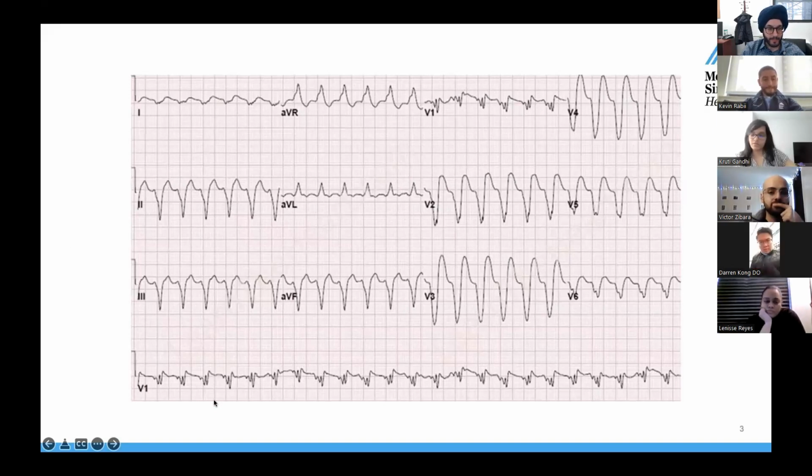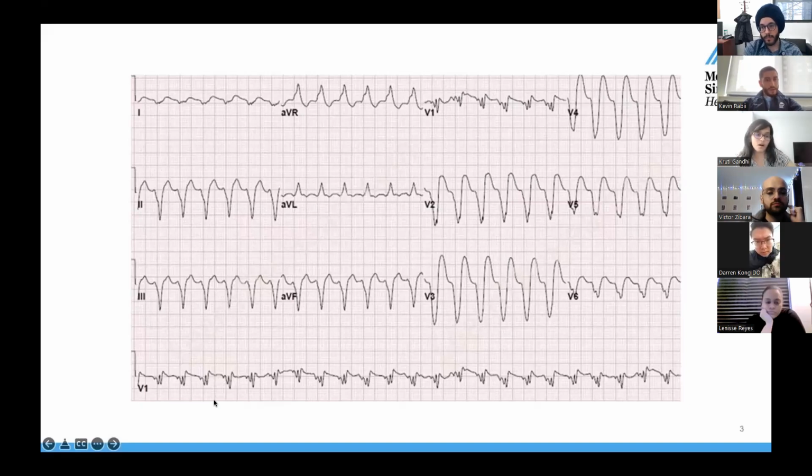Okay, so I would start with the rate and rhythm. Like 150s. We already know what the heart rate is, so I'm guessing I do 300 by the number of boxes. Yeah, exactly. And then I would ask whether it's regular or irregular. I cannot necessarily appreciate P waves, or maybe there are the ones that are down trending. So this would be like a regular tachycardia.